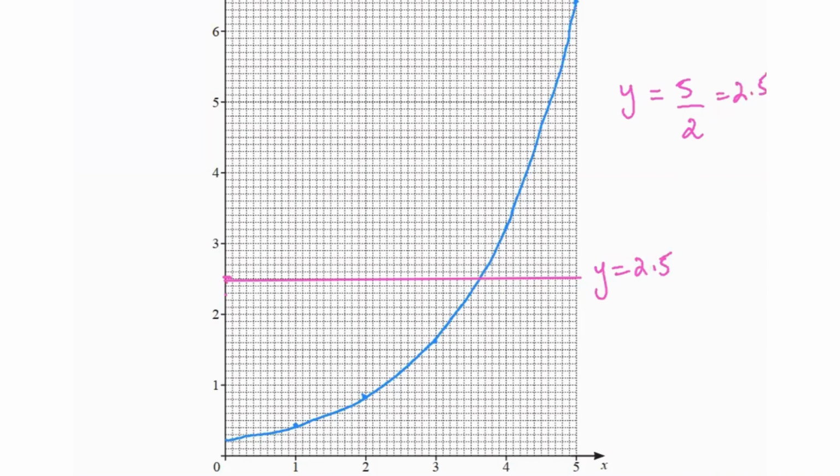That's giving us a solution of 3.1, 2, 3, 4, 5, 6. X equals 3.6. That's our answer.